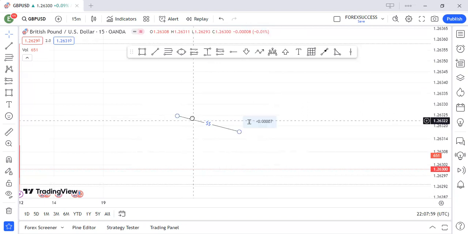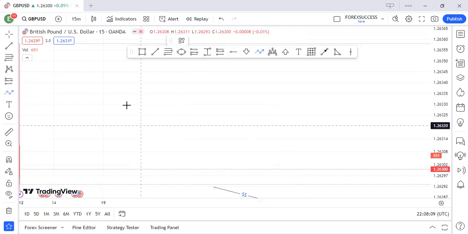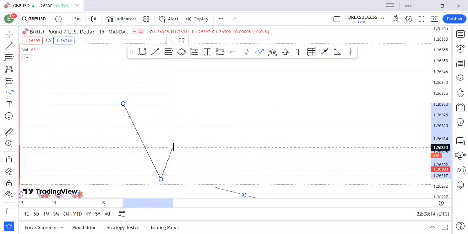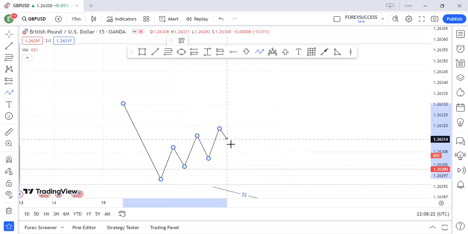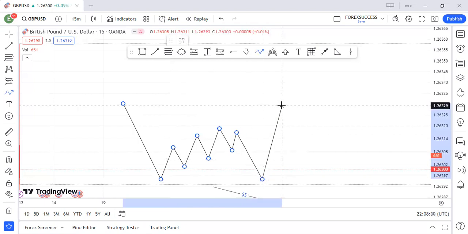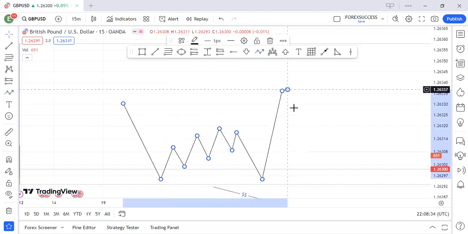Let me just still be using this. So for the sell side liquidity, you have stuff like this: price dropping, and then beginning to create higher highs, higher lows, higher highs, higher lows, and then boom, up here.